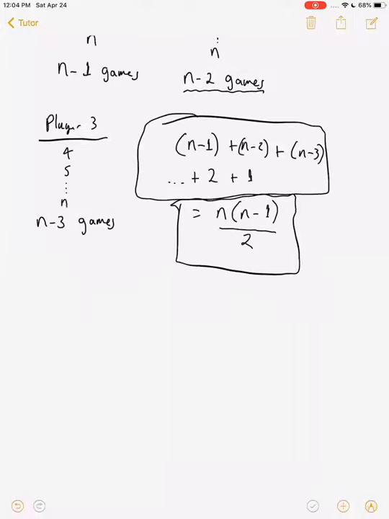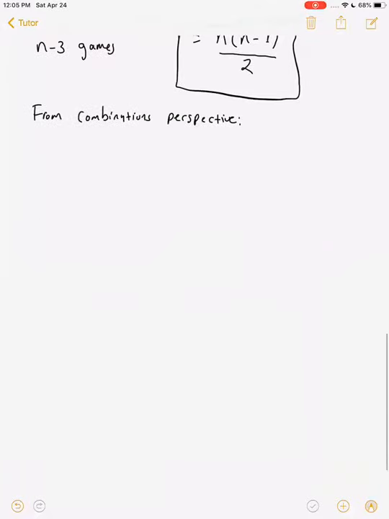So if we think about it from that perspective, what do you think the answer will be, from the combinations perspective? Try deriving the answer. We have a total of n people and we're choosing 2. Do you know what the answer will be?